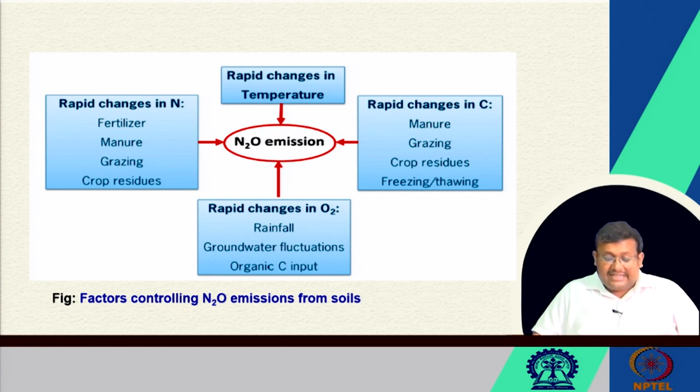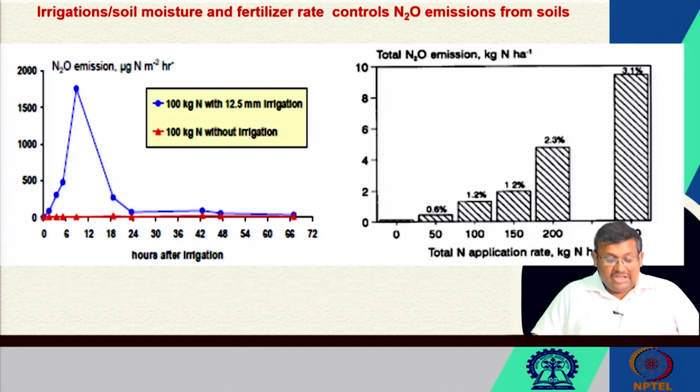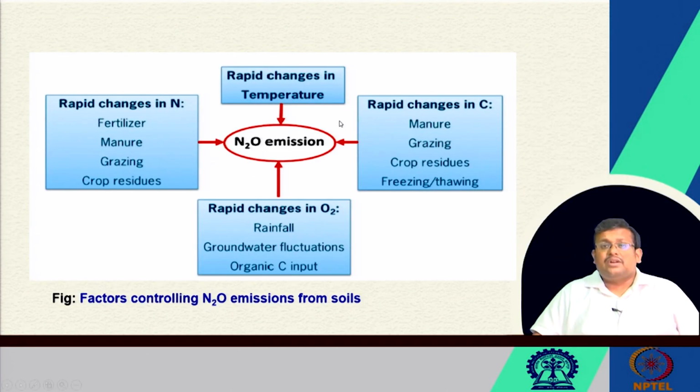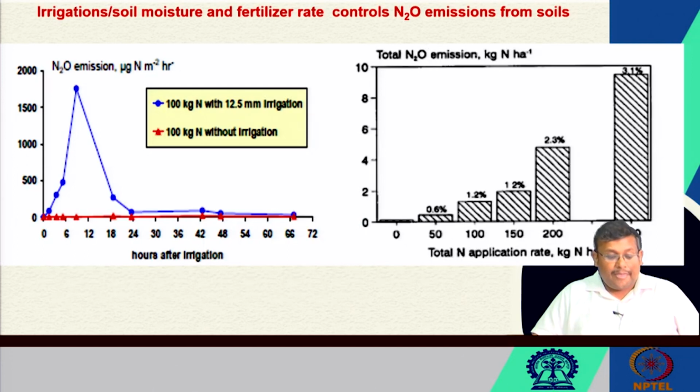Rapid changes in oxygen, like increased rainfall, will also help in nitrous oxide emission. Then groundwater fluctuation and organic carbon inputs also play an important role. Finally, rapid changes in nitrogen, like fertilizer application, manure application, grazing and crop residues, also have significant impact on nitrous oxide emission. So, these are the major factors controlling nitrous oxide emission.